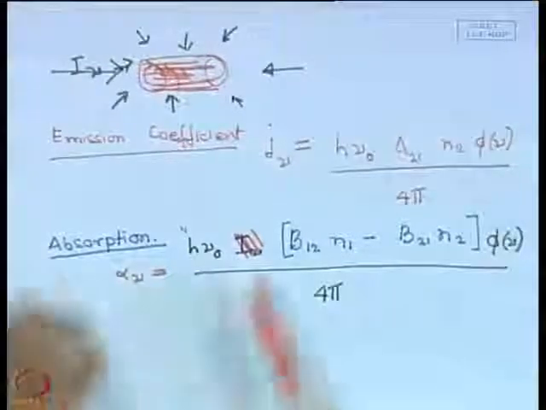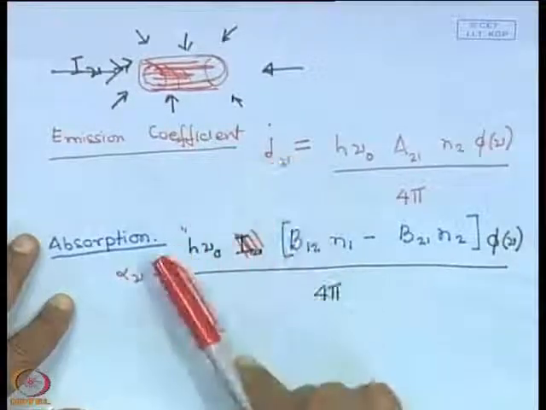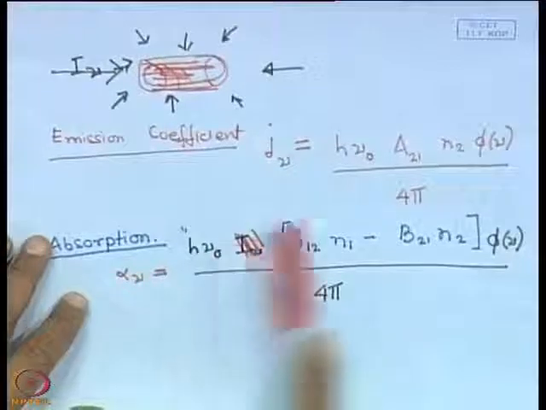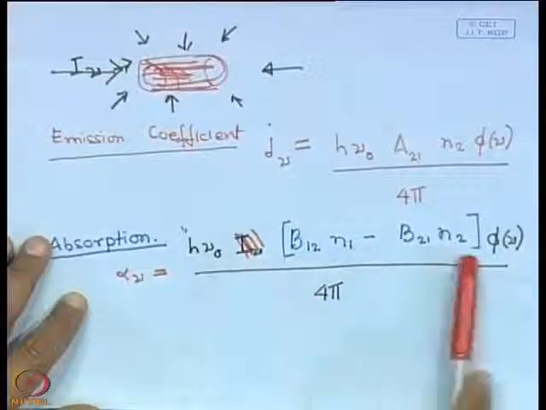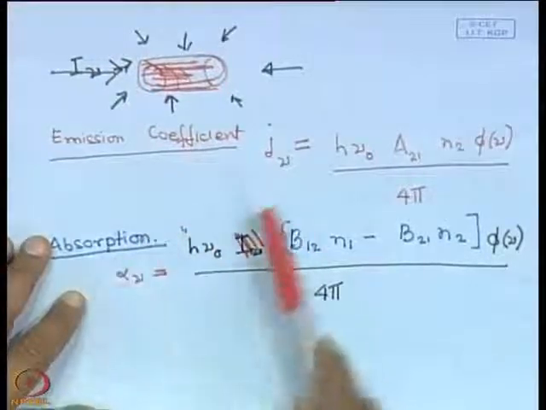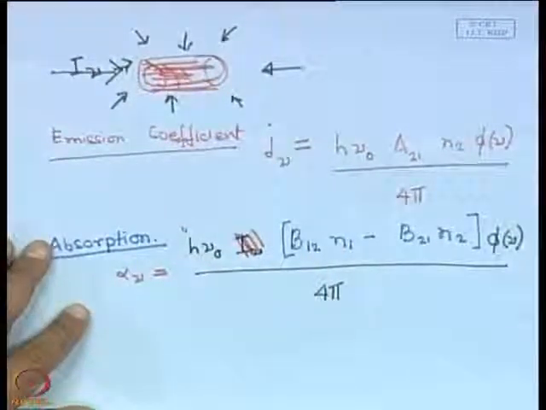So, we have the absorption coefficient and the emission coefficient in terms of the Einstein coefficients. Now, let us next write down the radiative transfer equation in terms of these.